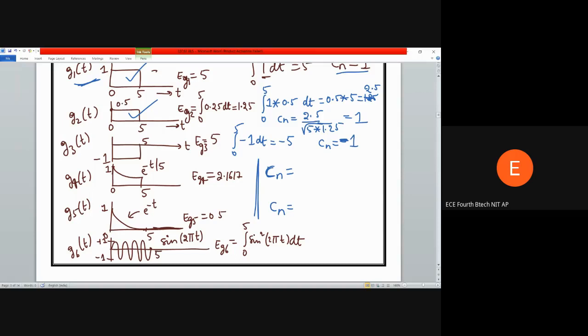Mathematically also, if you calculate, I will give you the values. The correlation coefficient for g4 of t and the original signal x of t is found to be... no, it's not 2 point. It should not be 2 point.